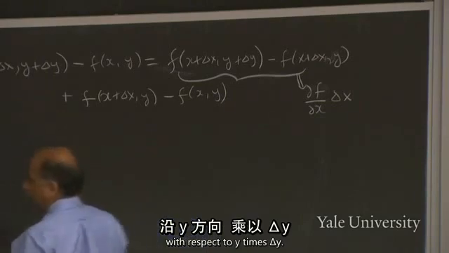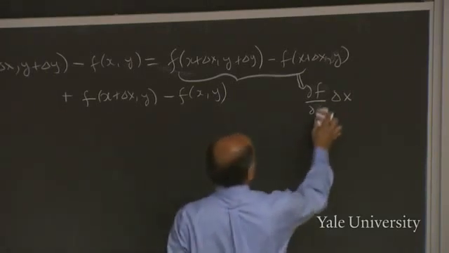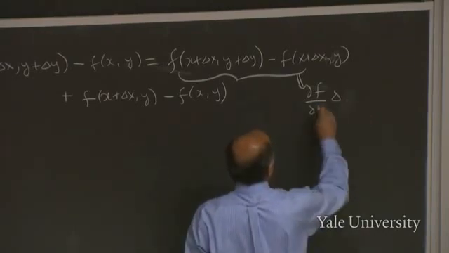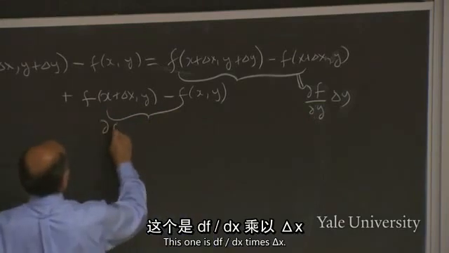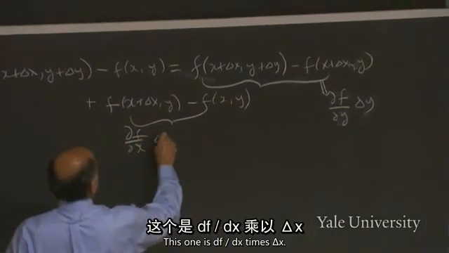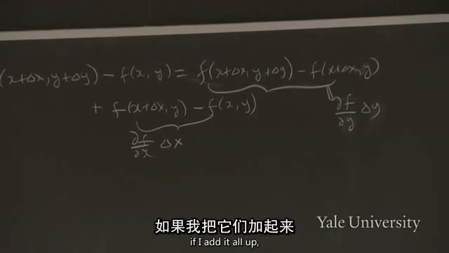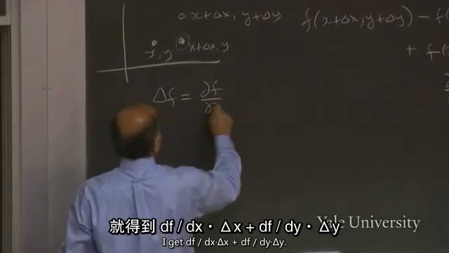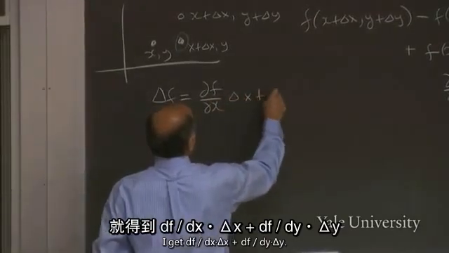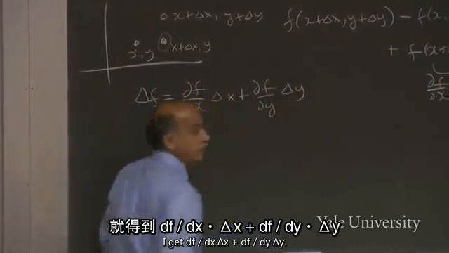With respect to y times delta y. This one is df dx times delta x. Therefore, change in the function, if I add it all up, I get df dx delta x plus df dy delta y.